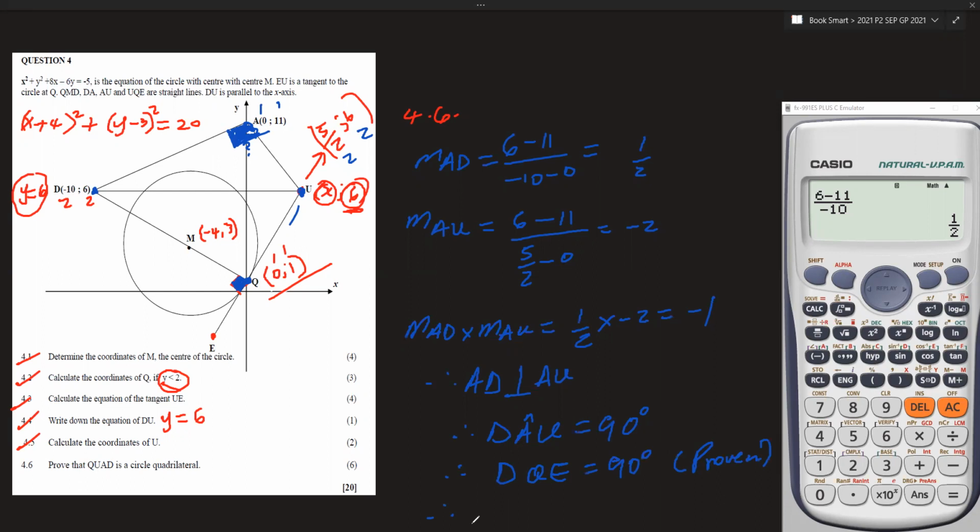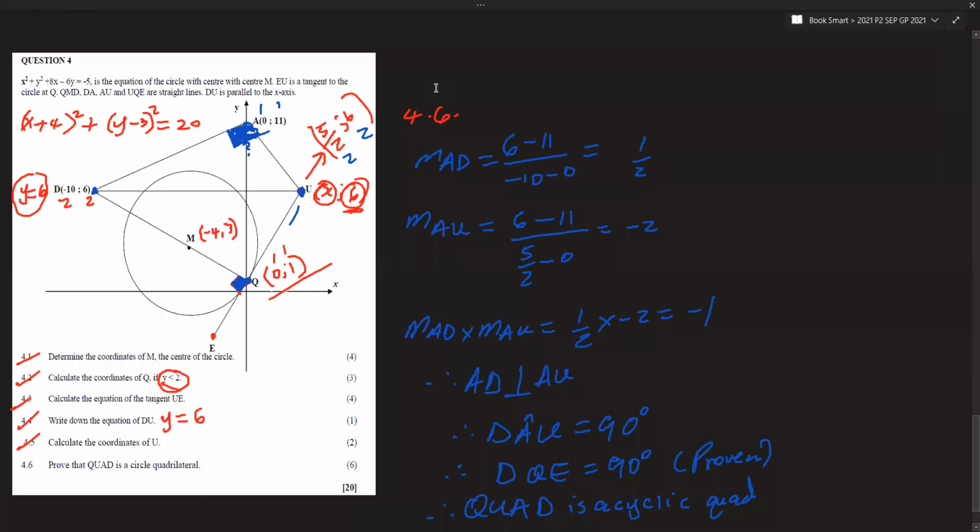Therefore, you can now conclude to say QUAD is a cyclic quad. And then your reason is going to be, let's see our reason. You can say converse. So converse means reverse.